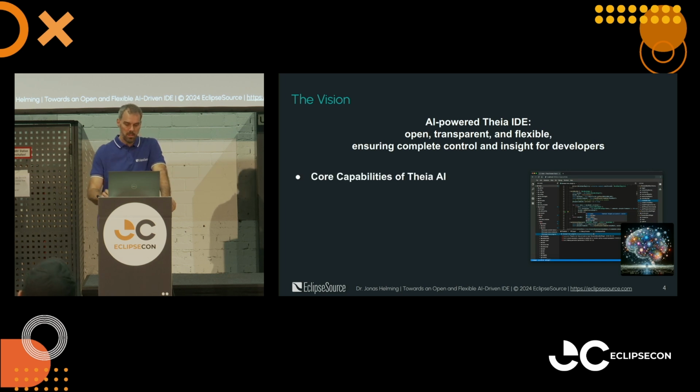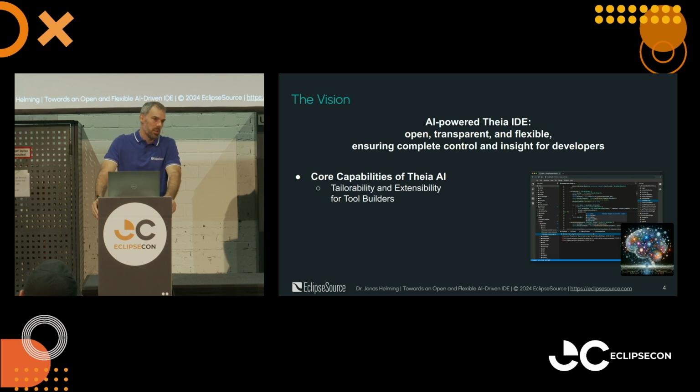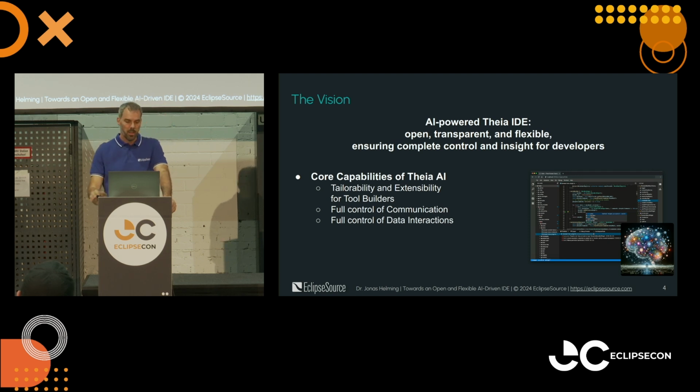And these important capabilities are, first of all, it's tailorable and extensible, so we can easily add our own features, our own user experience elements, and so on. Second, we have full control of the communication. So we can control every character that is sent from our tool to the LLM and comes back. We have control over the data interaction. That means we can control which data is, for example, grabbed from our workspace.